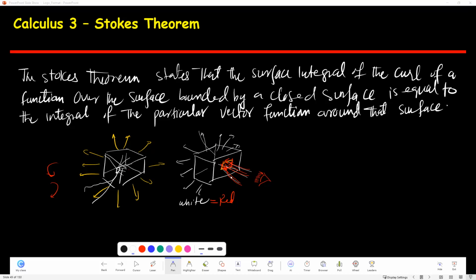Another way is that we need to add another complexity here, and the complexity is we should be defining a line.